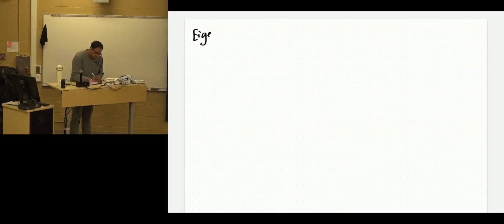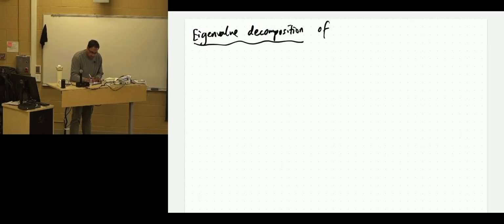I want to use this idea to discuss what is sometimes called the eigenvalue decomposition of a matrix. Let's suppose we're dealing with a matrix that does have n linearly independent eigenvectors.